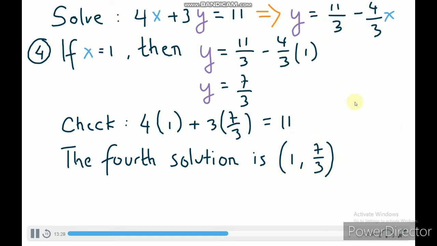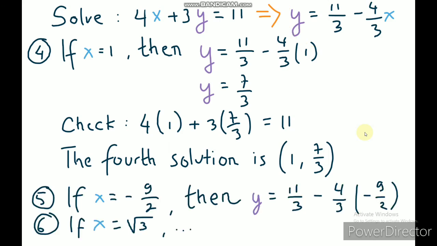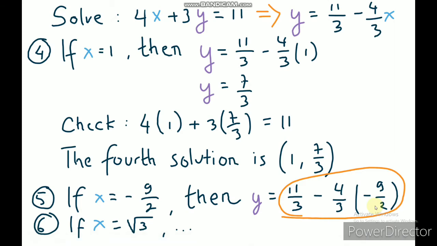So it will become easier for you to use many variations of other values of x and then find its pair by using this equation. So yeah, we can go forth. If x equals negative 9 over 2, then y equals, you just use the same equation and then find the y, and you can go forth.